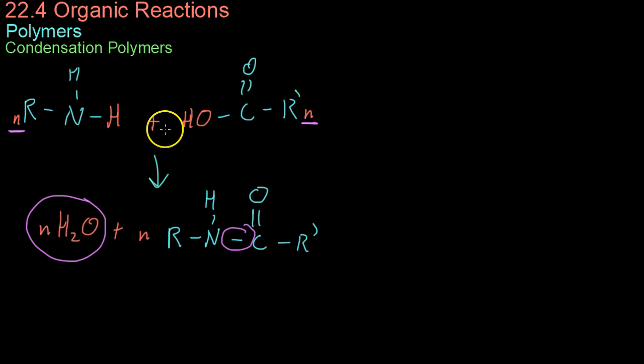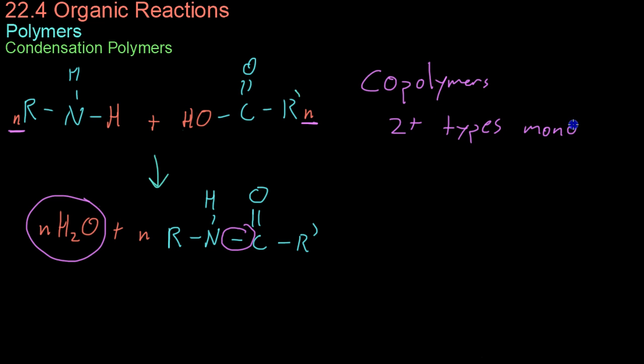Now, condensation polymers are usually copolymers, so they have two or more types of monomers. This is useful because, for example, if these are actually the same molecule, you get rid of that prime, and you have an amine group on one end and a carboxyl group on the other.